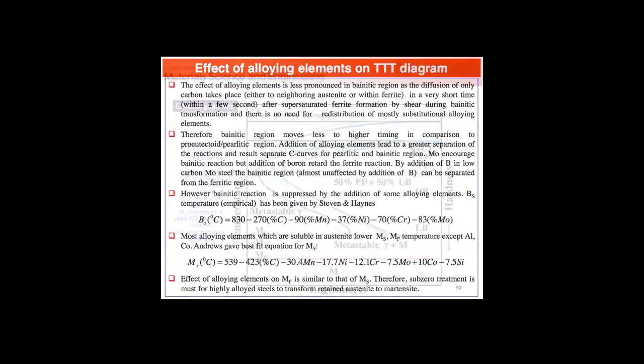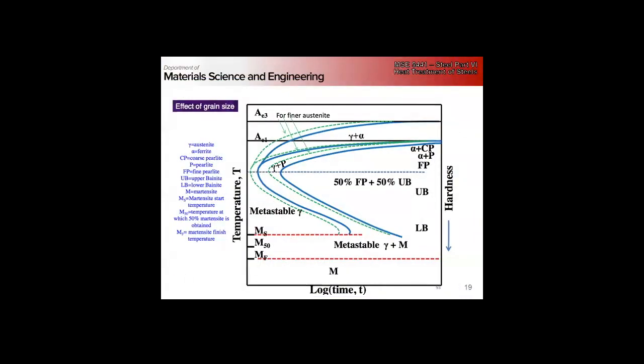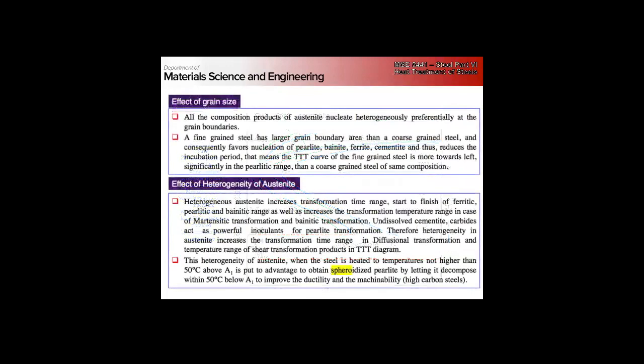And also austenite grain size and heterogeneity of your austenite structure. Finer grain size is going to shift it to the left. More heterogeneous is going to broaden it. So we have the effects of microstructure.